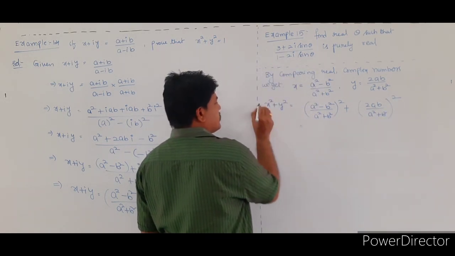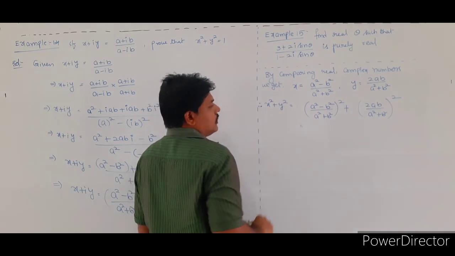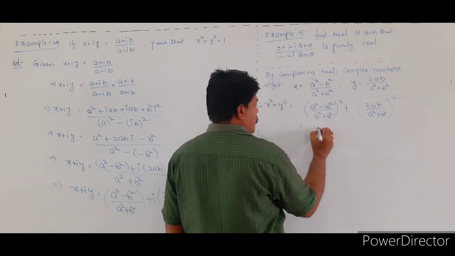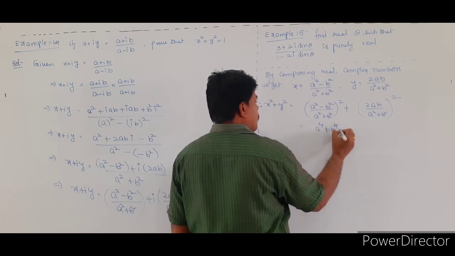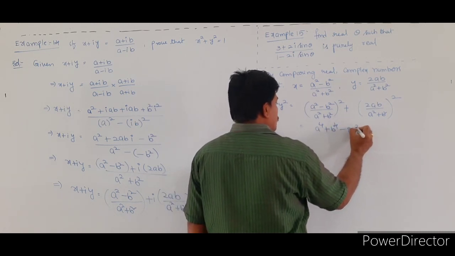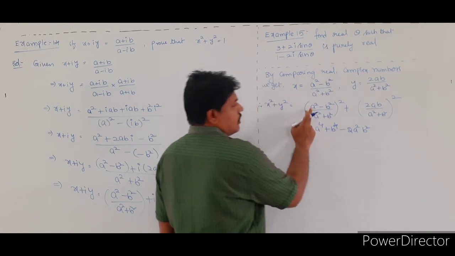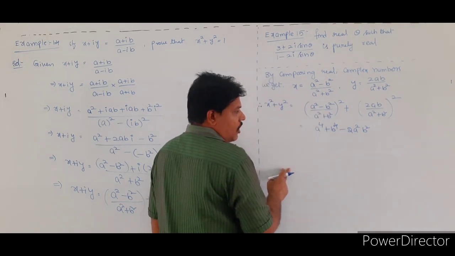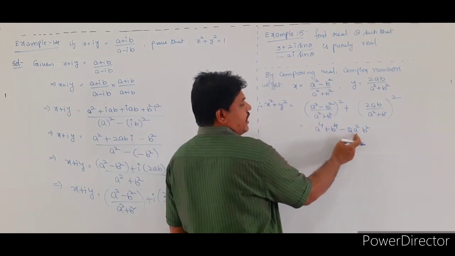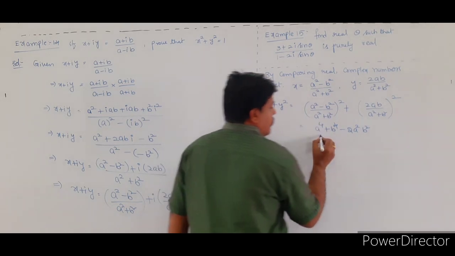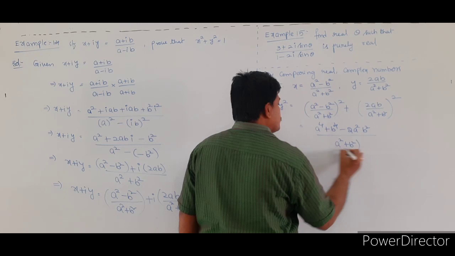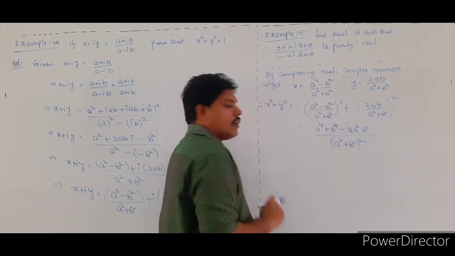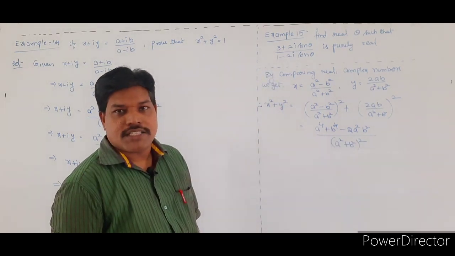So that implies you can expand the numerator: a power 4 plus b power 4 minus 2a square b square, using the a minus b whole square formula, a square plus b square minus 2ab. In the denominator, a square plus b square whole square remains the same.